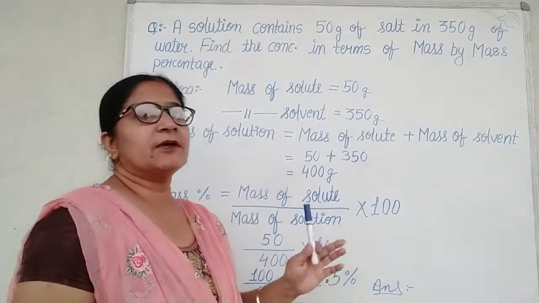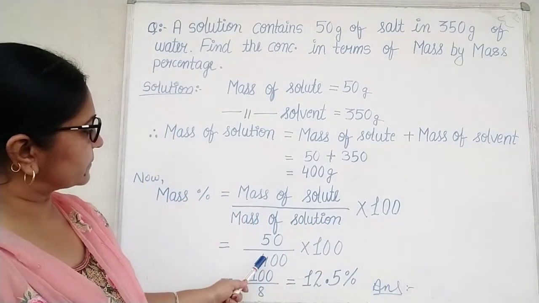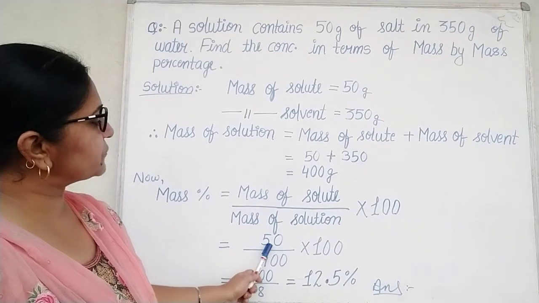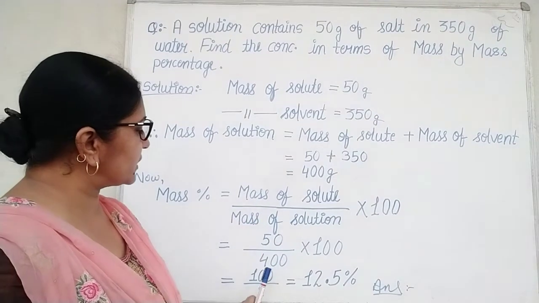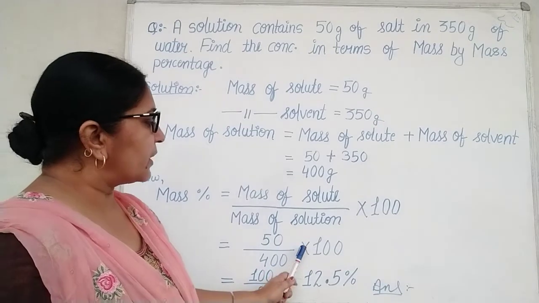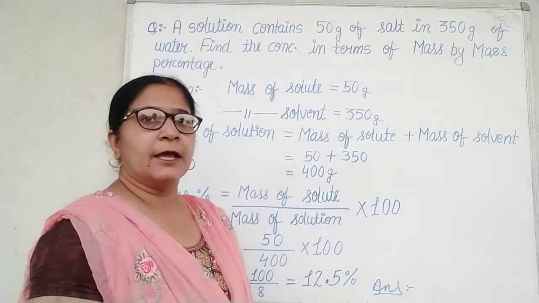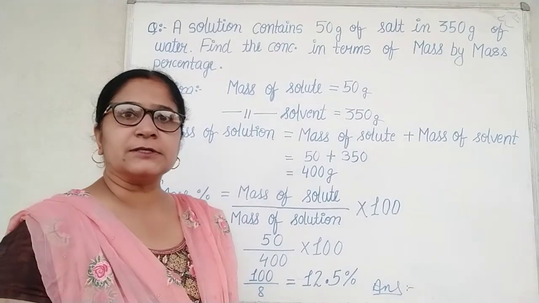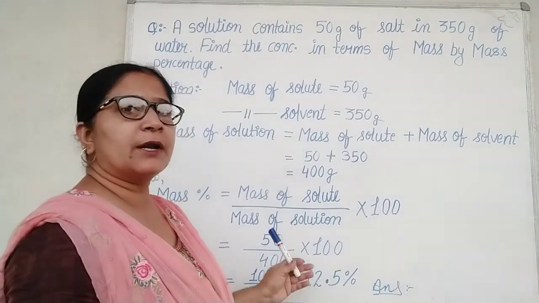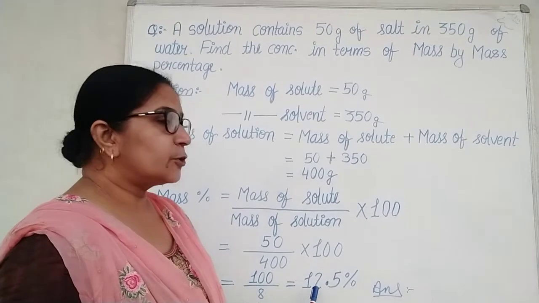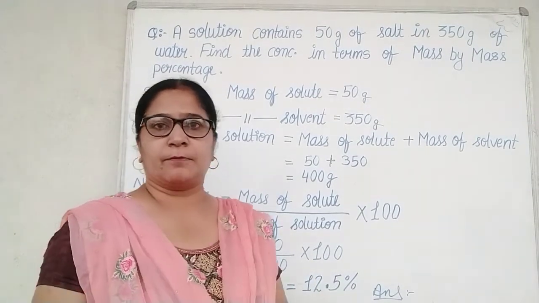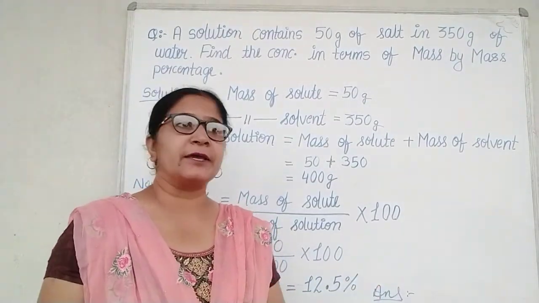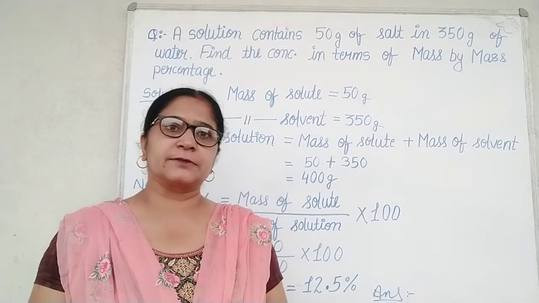So, putting the values, mass of solute is 50 gram, mass of solution is 400, multiplied by 100. When we solve this, we get our answer, that is 12.5 percent, right?